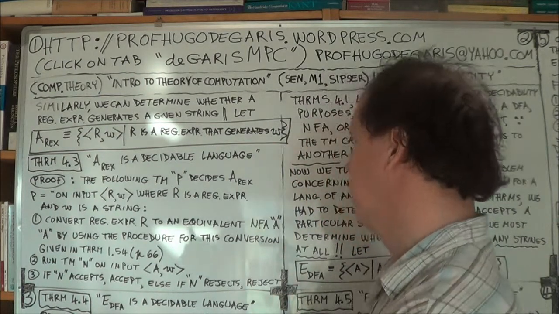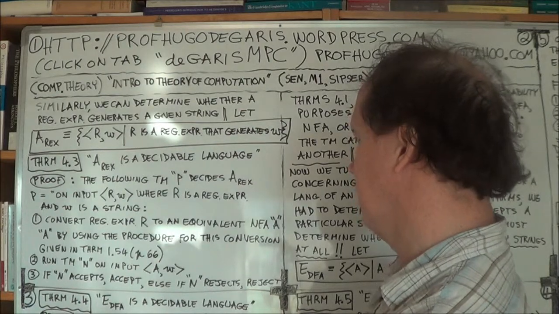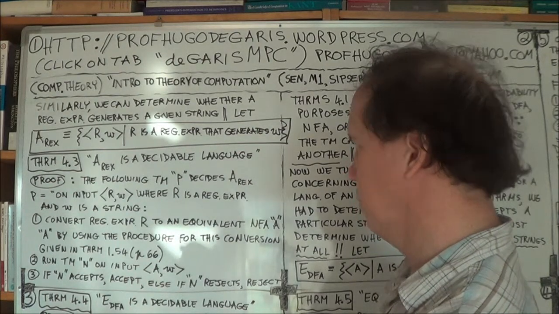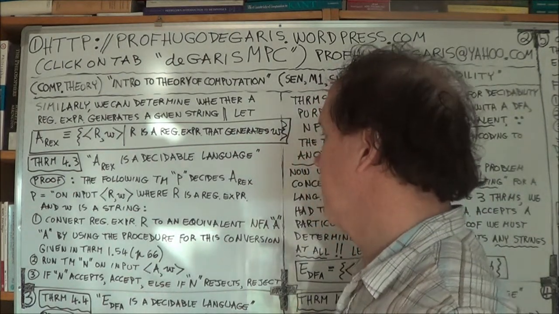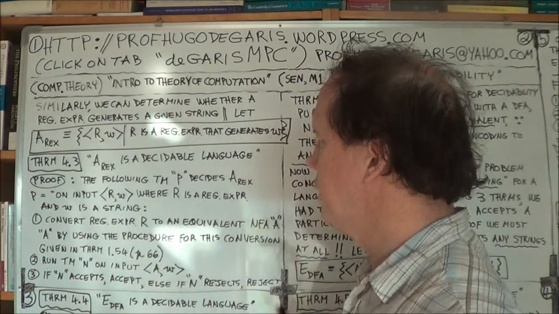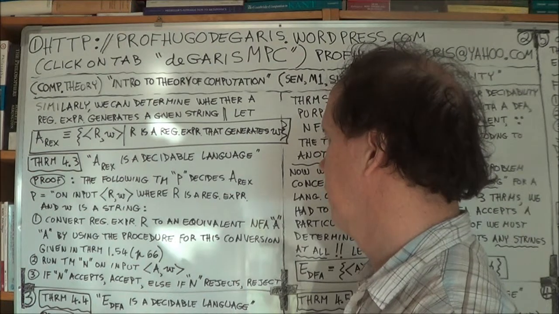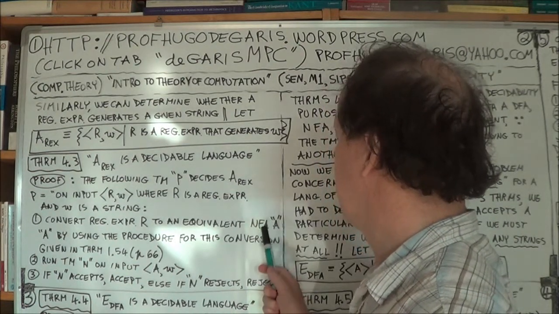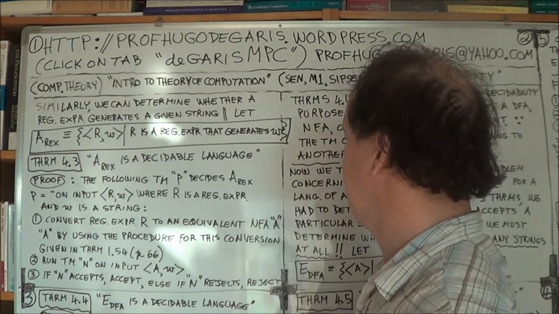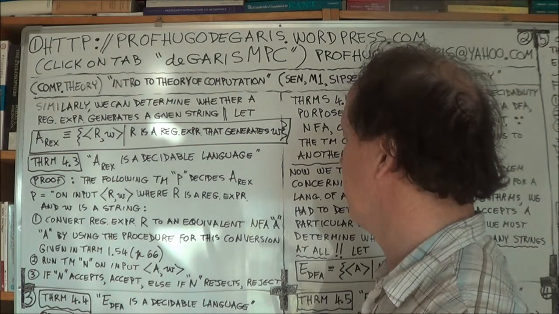We did that on the previous board. So the core idea is to convert your regular expression into an NFA, and call that machine A.